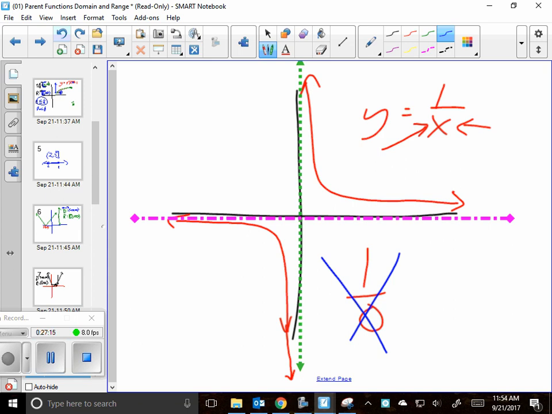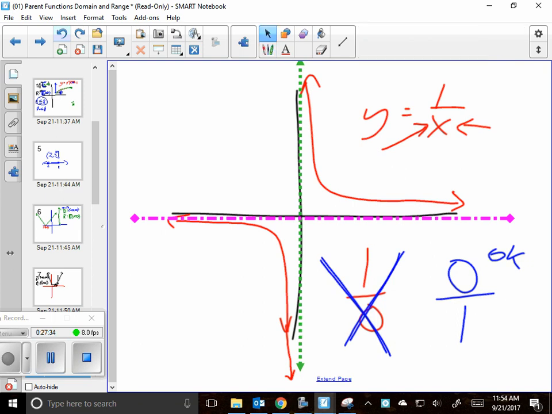Just to clarify, is 0 over 1 okay? Yes. It's just 0. This one's okay. This one, illegal, arrested by the math police. Maybe on Saturday you should try dividing things by 0 and see what happens. It might cause the whole world to end.